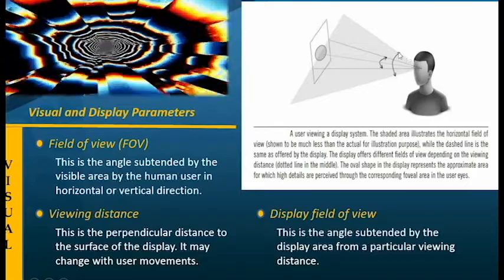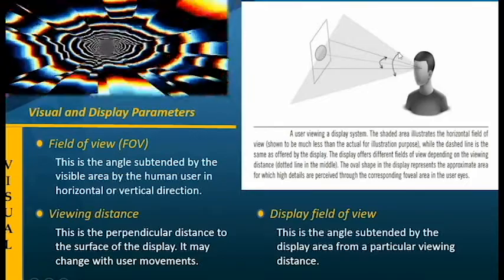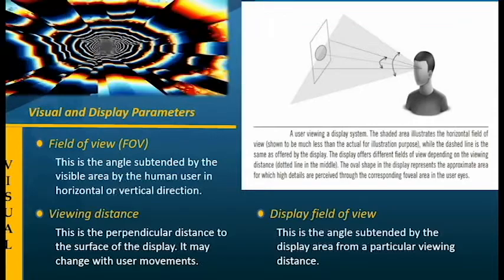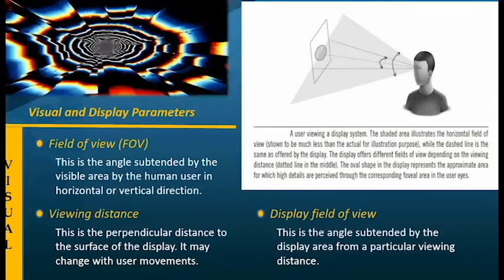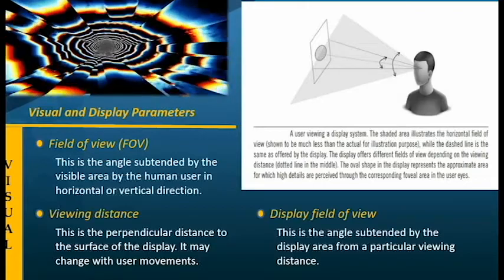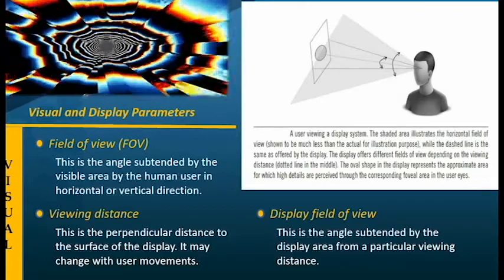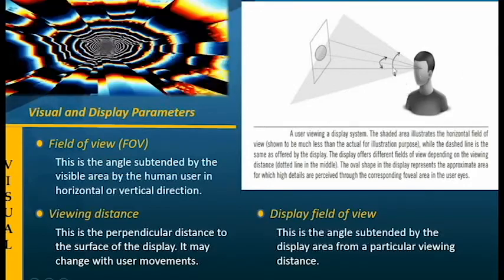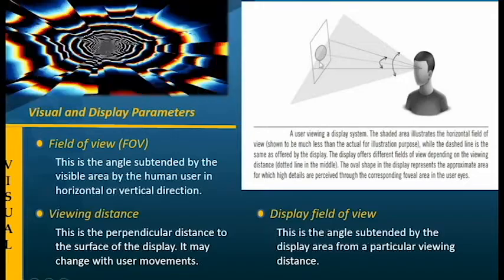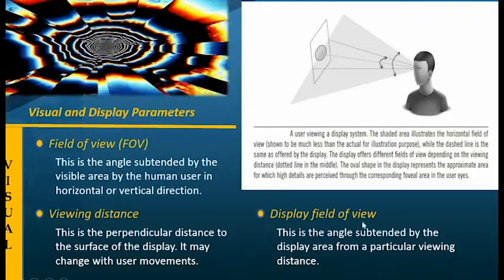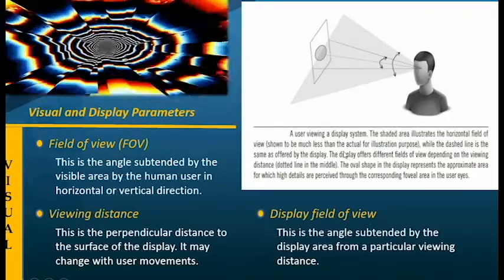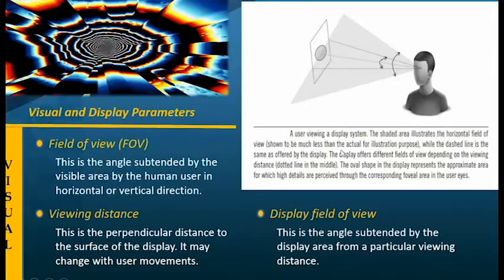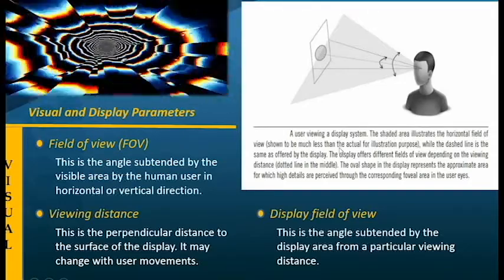And when I say viewing distance, this is the perpendicular distance to the surface of the display. It may change with user movements. So viewing distance is the dotted line. Then next is the display field of view. This is the angle subtended by the display area from a particular viewing distance.